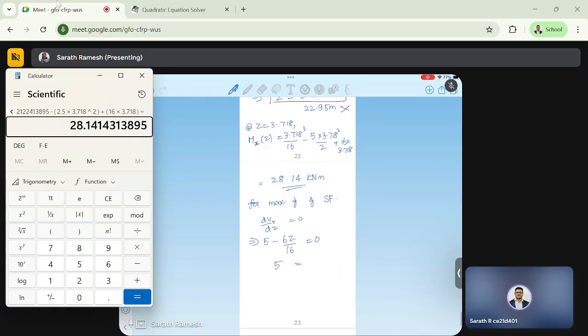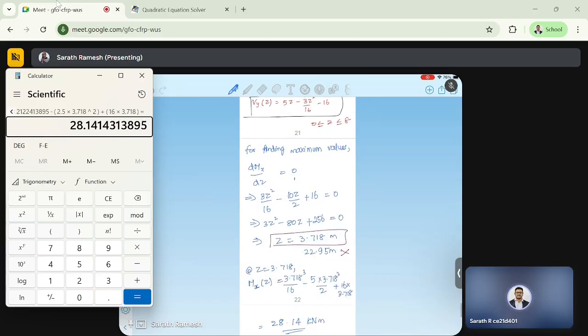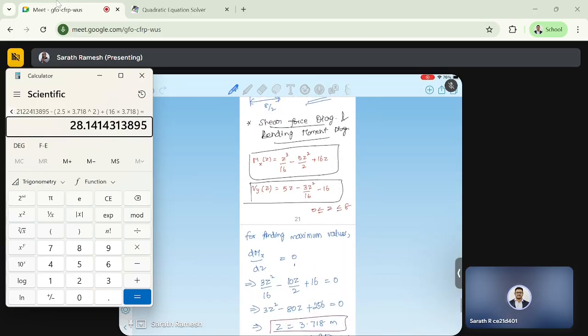So 5 equal to 6z by 16, z equal to 80 by 6, which is more than 8, right? So the maxima or minima is outside the range, which we are not interested in, so not required. So it is some monotonous function.